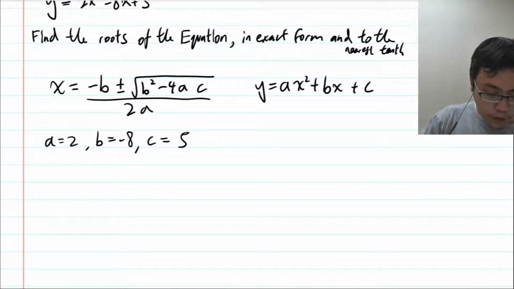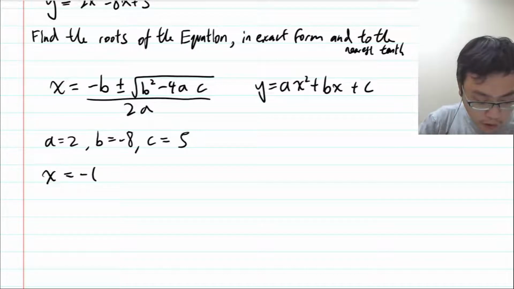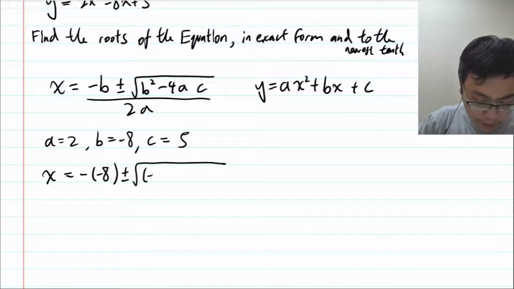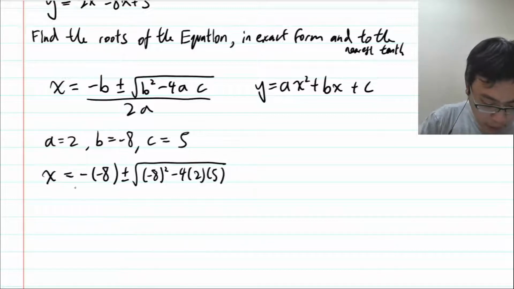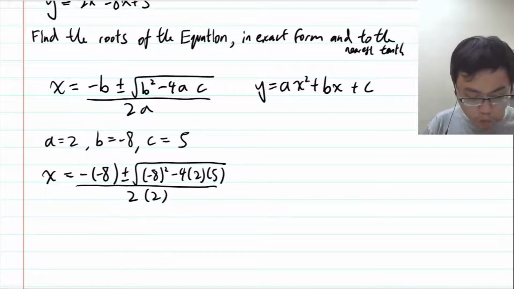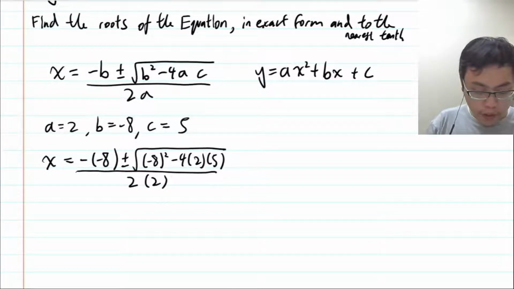I'm going to substitute in my values. So x is equal to, we have negative of b, so make sure you have the bracket there, negative of negative 8, plus or minus square root of, we have negative 8 whole squared, minus 4 times a, which is 2, c, which is 5, and all of this is over 2 times 2. Okay, so 2a. So clean up all of the squares, open up all the brackets.